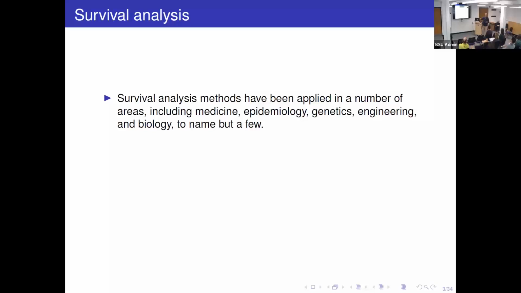Then it kind of went quiet for a while until the machine learning people discovered survival analysis and started doing a lot of research combining machine learning methods and survival analysis. Then I felt like it went a bit quiet again, and now it's coming back. It's having another comeback with causal inference and survival analysis, conformal prediction and survival analysis, and so on. But I feel that in applications, it has always been there.